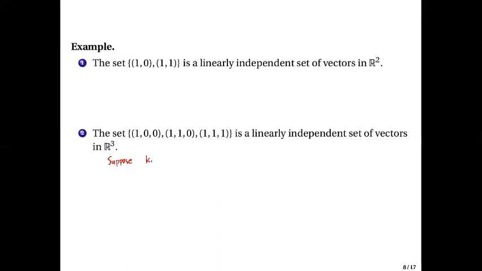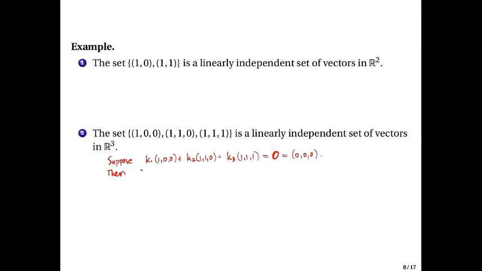Suppose you have k1 (1, 0, 0) plus k2 (1, 1, 0) plus k3 (1, 1, 1) equals the 0 vector, (0, 0, 0). So we must show that k1, k2, and k3 are all 0, and there's no other way.